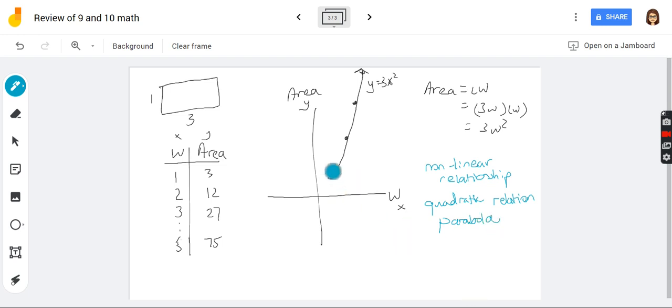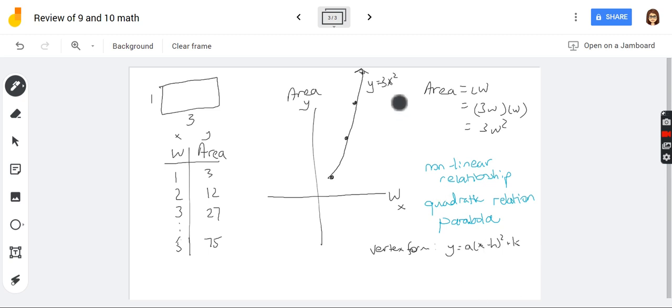Okay, and other things we learned about it is, well, 3x squared, we can actually write in vertex form. So you may recall vertex form of the parabola is y equals a times x minus h squared plus k. So this is from grade 10, okay?